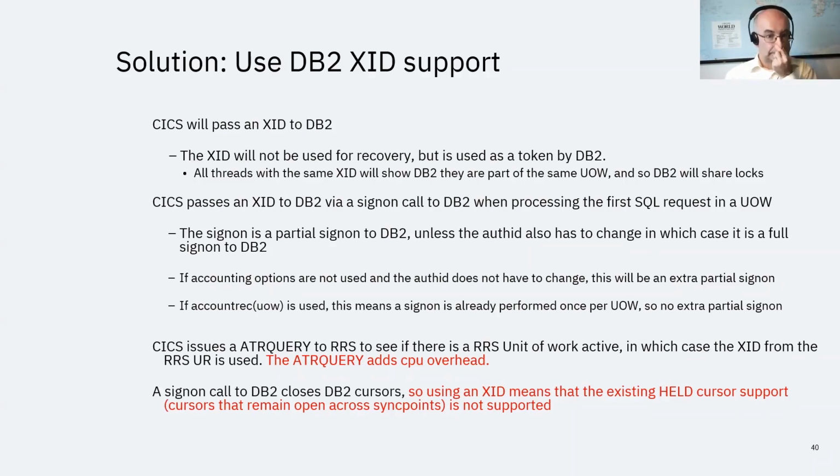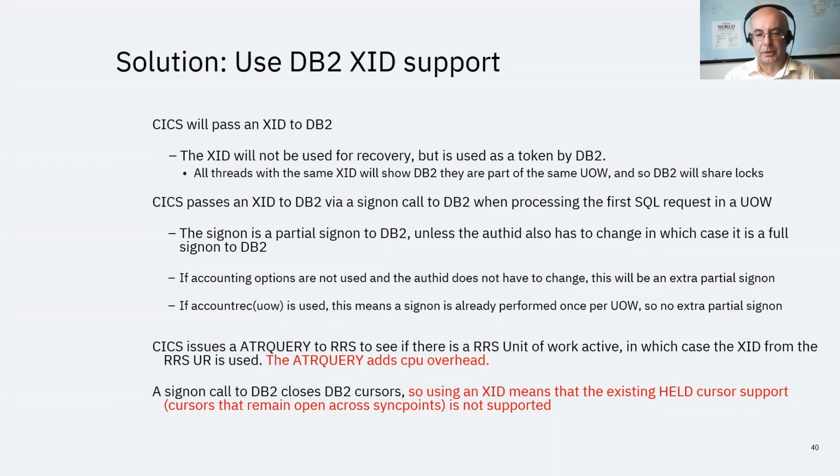and so it will share the locks. Now, we pass the XID to DB2 via what's called a sign-on call when processing the first request in a UOW. The sign-on is what's called a partial sign-on, unless we also have to change the auth ID, in which case it would be a full sign-on. If you're not using DB2 accounting options, and you turn on this new capability, this will involve an extra partial sign-on that you weren't previously experiencing.